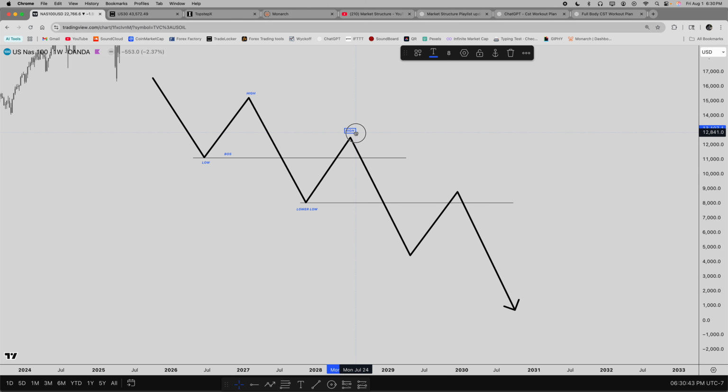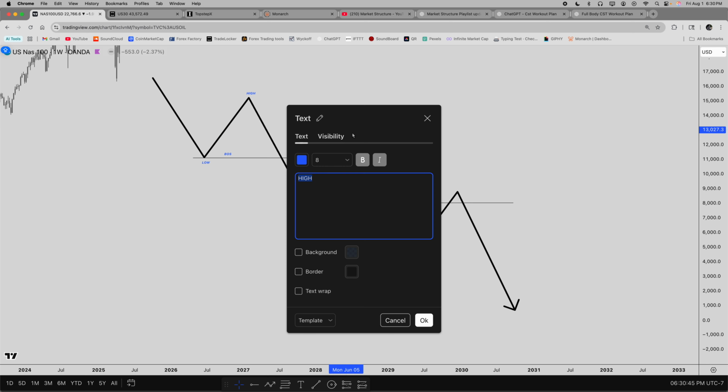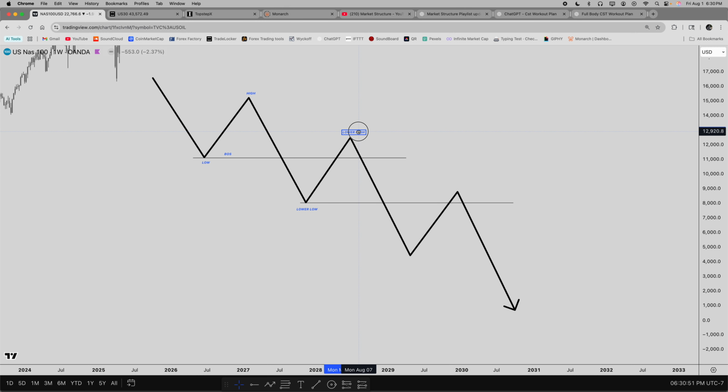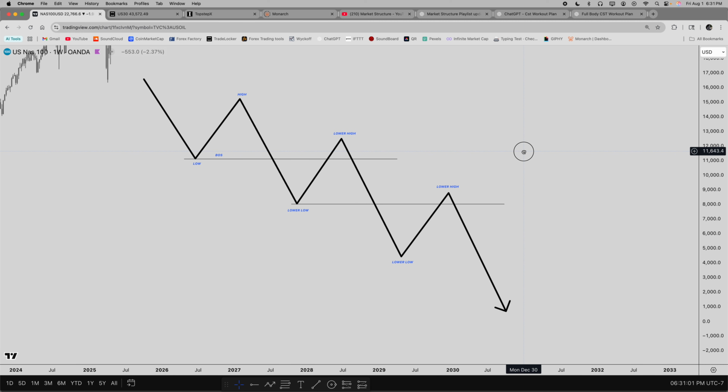And then this high is lower than the previous high, so it's a lower high, and so on and so forth. Lower low, lower high, and then boom, lower low.